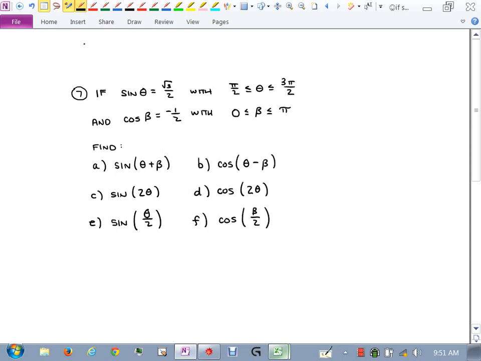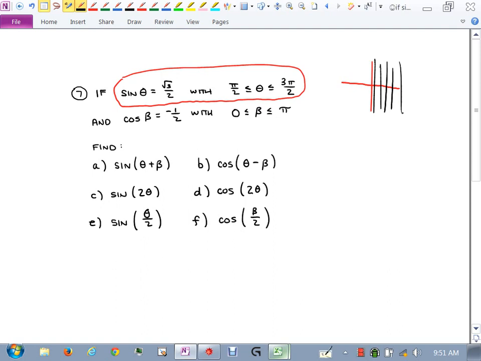So let's take a look at, first of all, seeing if we can determine what these angles are. Can you tell me what theta and beta are, from just this given information? Well, I know that I'm in the second or third quadrants, because I'm between pi/2 and 3pi/2.